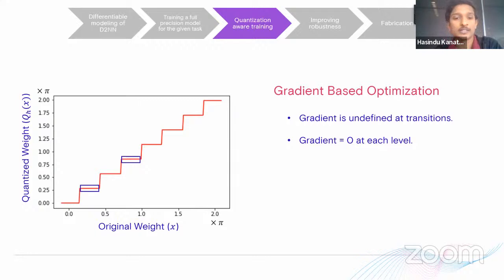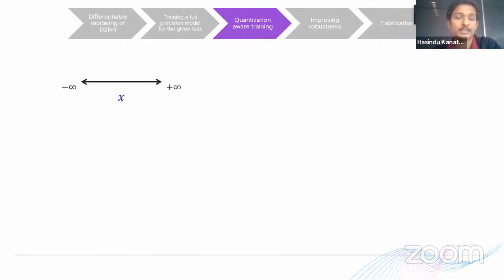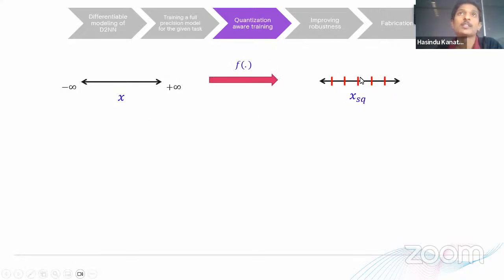So using this function for gradient based optimization is not going to work well. It's better that we optimize the continuous weights instead of these discrete quantized weights. To do that, we need to map the continuous weights to quantized levels, but with a function which is differentiable and can also approximate the hard quantization function.